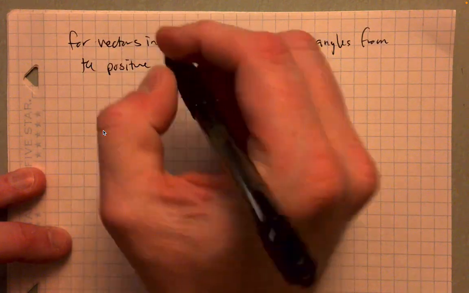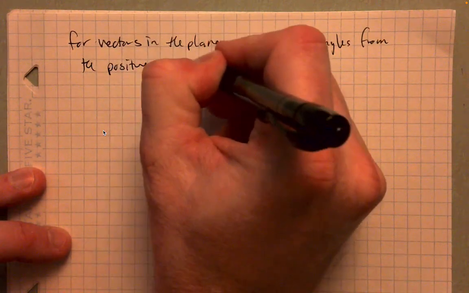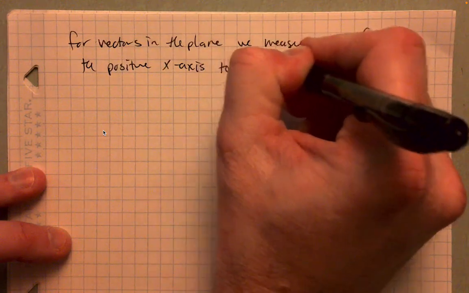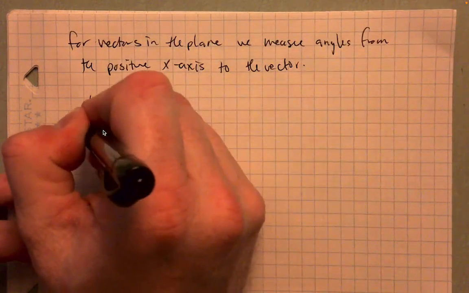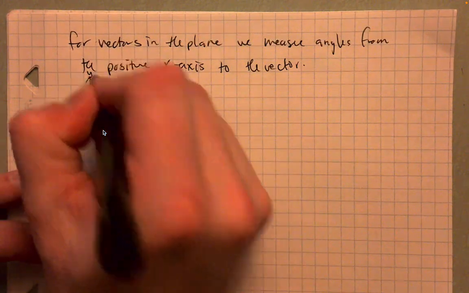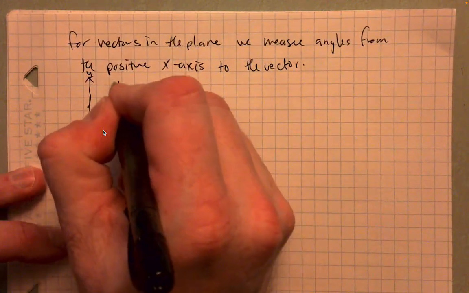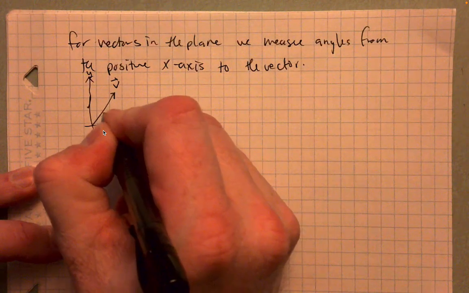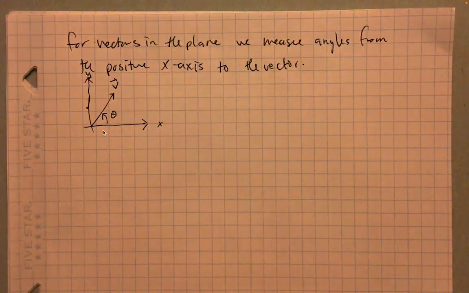That's the convention, what we're used to seeing. If I've got my x-axis and my y-axis and my vector v, then what's typical is to measure an angle theta from the positive x-axis up to whatever the vector happens to sweep out.